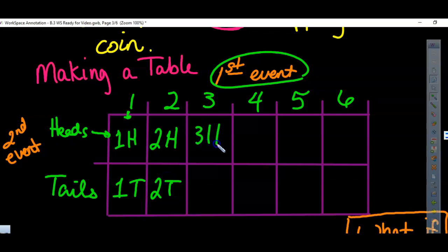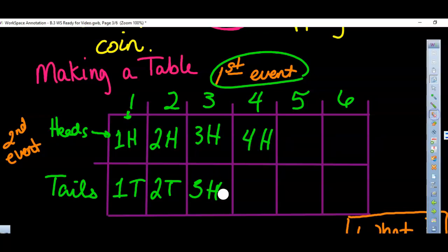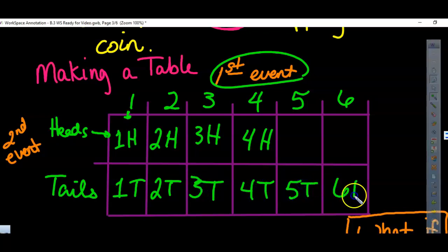Honestly, it really doesn't matter because you're just labeling inside what is already on the outside of your table. Okay. And then 4 tails, that's a 3. 5 tails, 6 tails, 6 heads, and 5 heads right here.